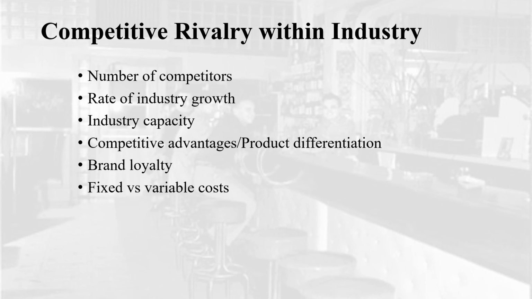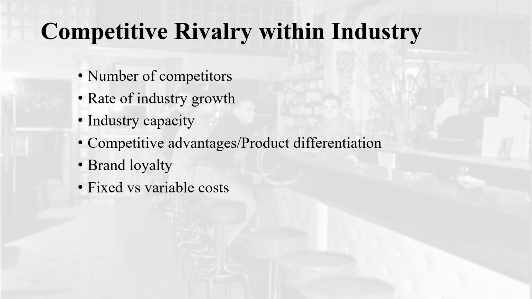All right, so competitive rivalry within an industry, some of the things that affect competitive rivalry is the number of competitors. As the number of competitors goes up, what happens to competitive rivalry? It also goes up. In some cases, if we keep having more and more new competitors come into an industry, the competitive rivalry goes up and the potential profits go down. The rate of industry growth impacts competitive rivalry, right?